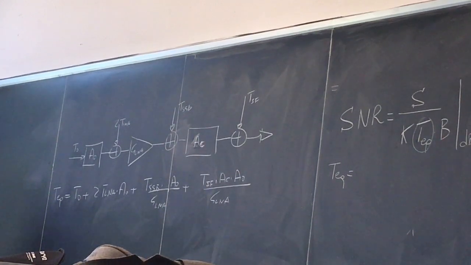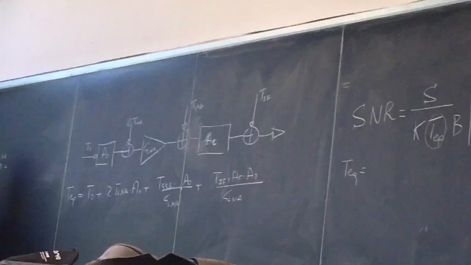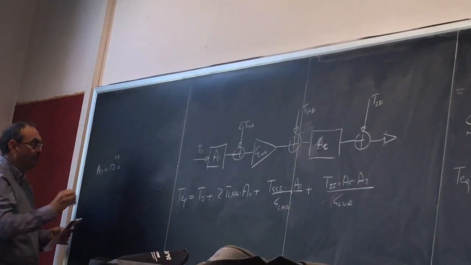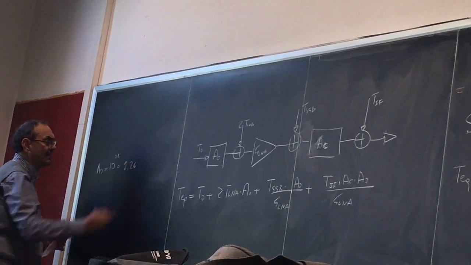Okay, now A0 is given by 10 to the attenuation of the filter, which is 1 dB, over 10, which is equal to, I don't know what it is, oh yes, 1.26.